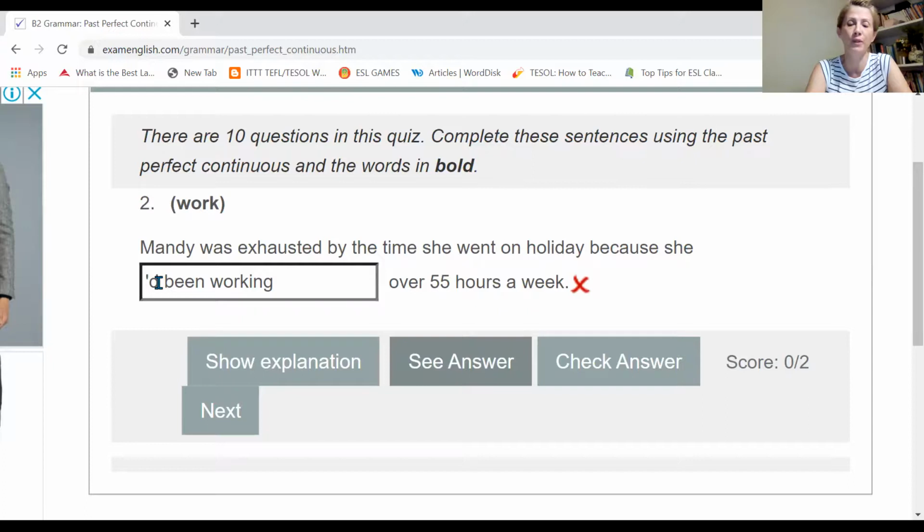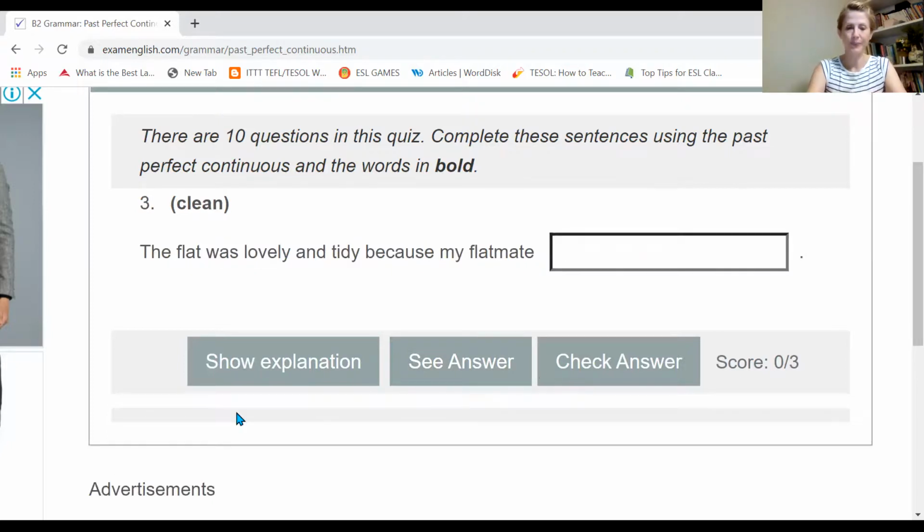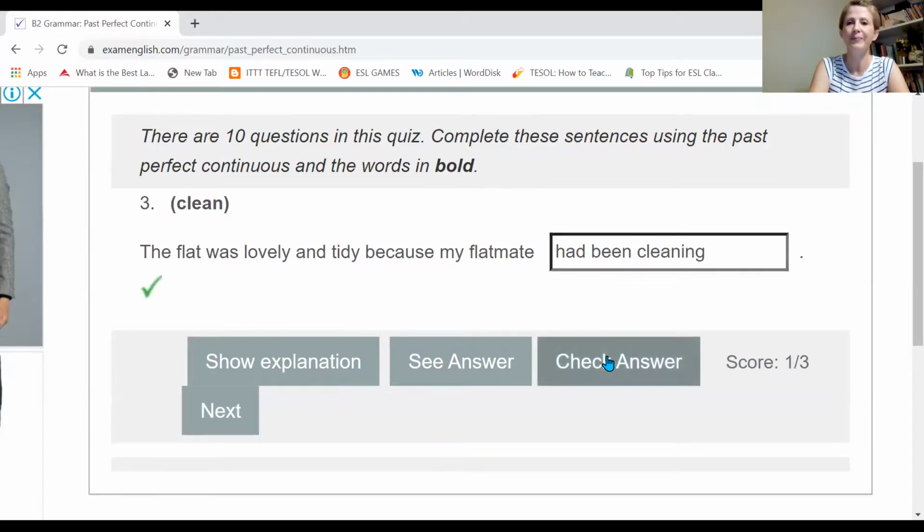We just had to add the apostrophe and the D. This was good to see. So let's do the next. The flat was lovely and tidy because my flatmate. Yes? Anybody? Let's see. Had been cleaning. Check answer. Was right. Very good.